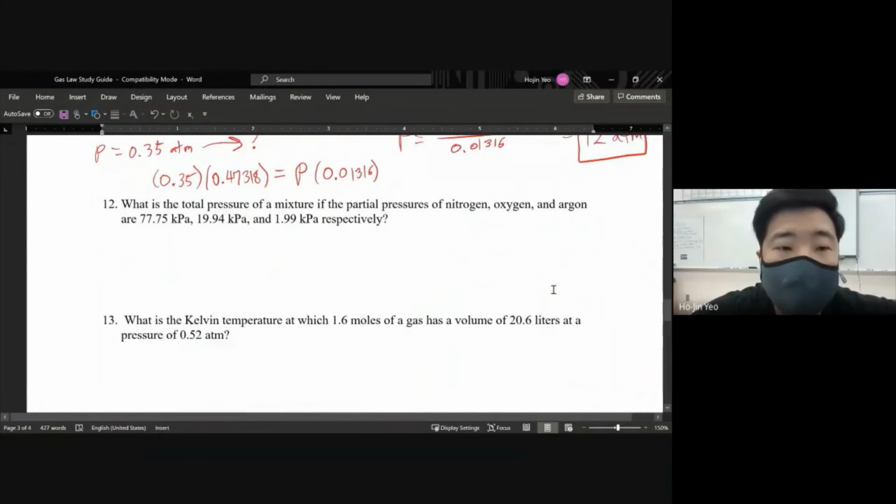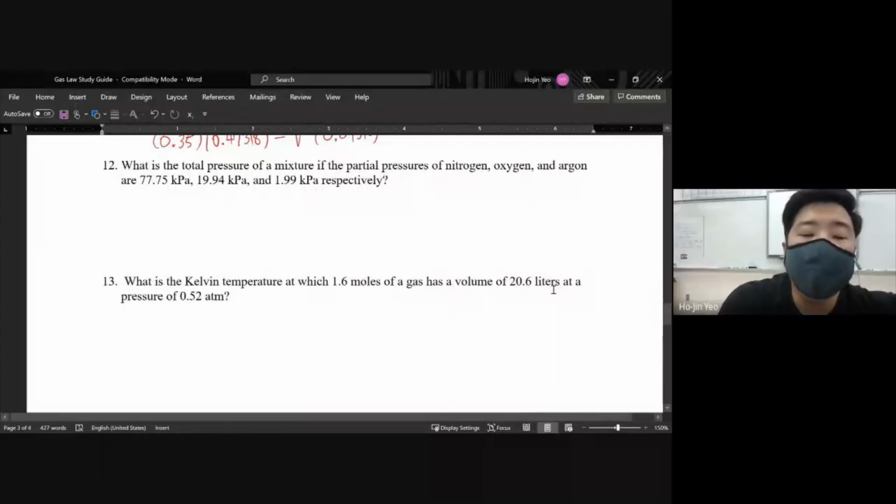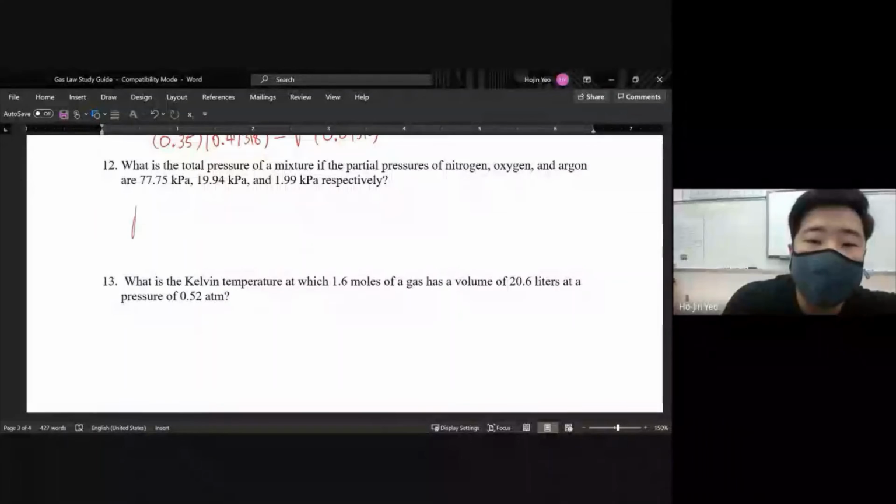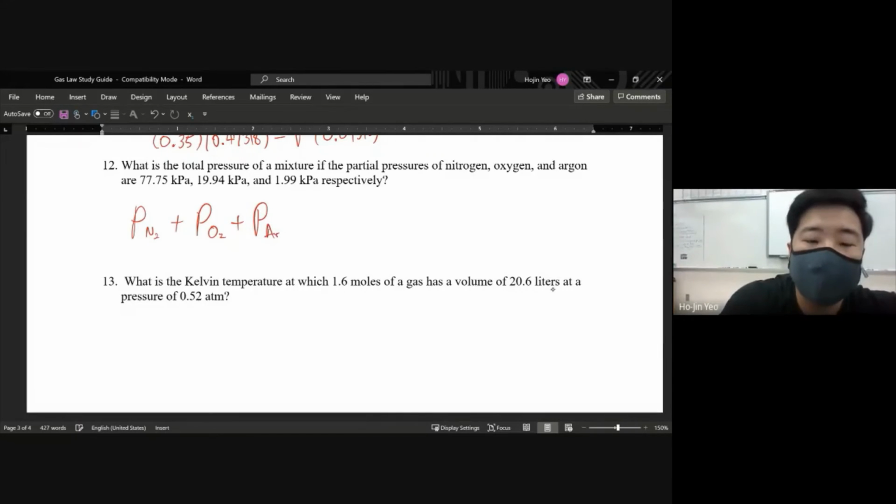Now for the next one, should be pretty simple. It says, what is the total pressure of a mixture if the partial pressure of nitrogen, oxygen, and argon are this, and this? So we have a partial pressure of nitrogen, partial pressure of oxygen, and partial pressure of argon.